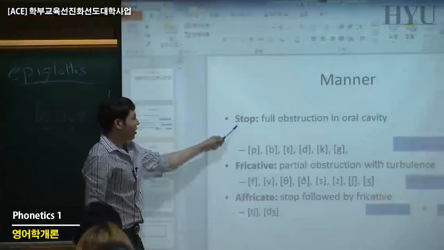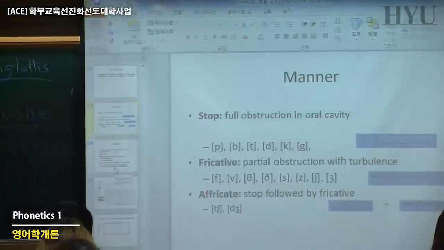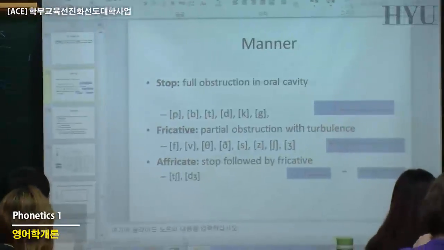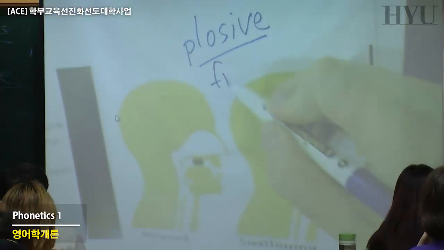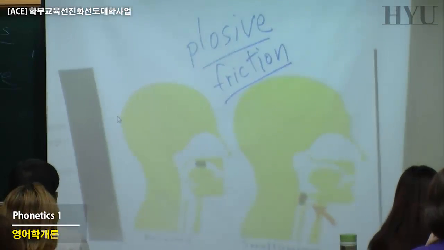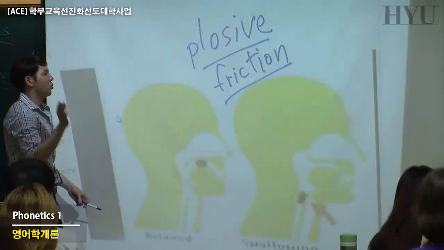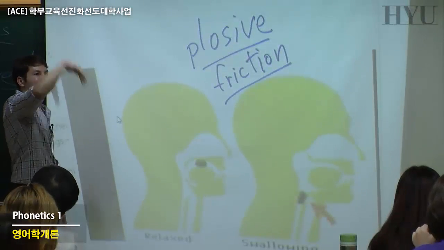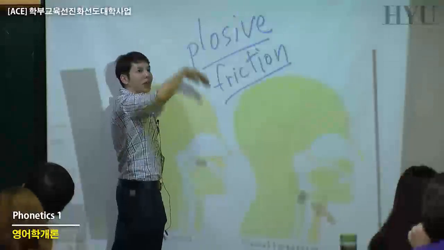The second manner is fricative. When you hear the word fricative, you might think of the word friction. You guys know the word friction? F-R-I-C-T-I-O-N. Friction means that something is fluctuating, waving all the time, up and down, up and down.